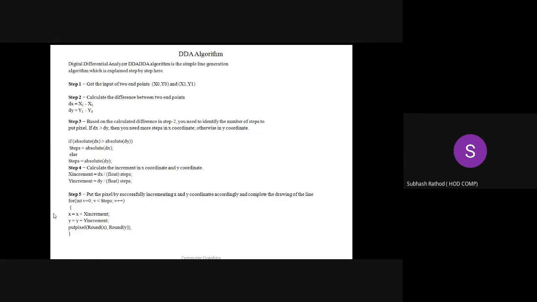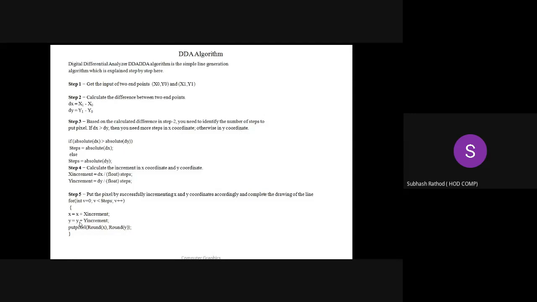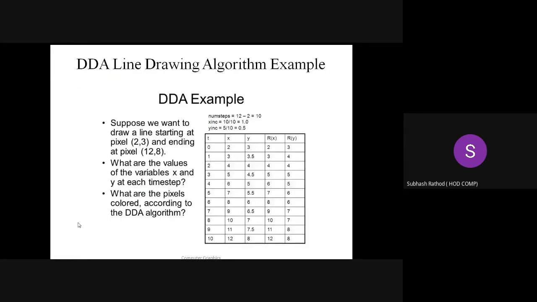So now the x value changes. Likewise, the y value changes. What is the current y? Current y is 3 plus y increment. Y increment is 0.5. So 3 plus 0.5 becomes 3.5, and you can round it.